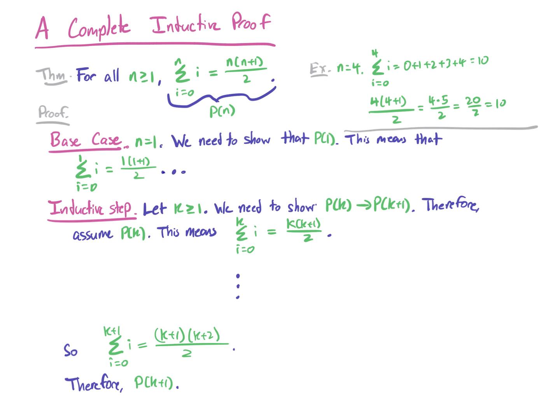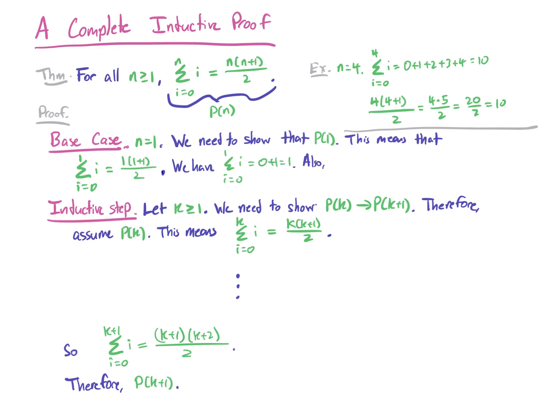So now let's go ahead and actually do the showing. How do we prove that? I'm going to erase these dots here. This one is pretty easy, and that's because we have that the sum from i equals 0 to 1 of i itself is just 0 plus 1, which is equal to 1.